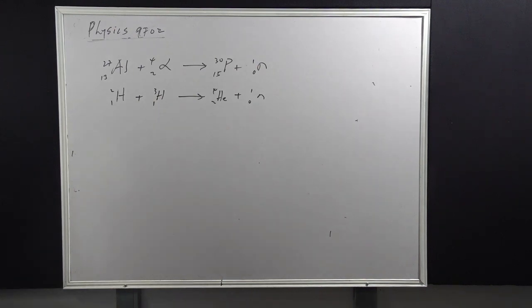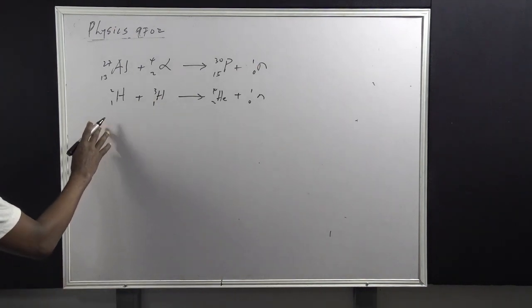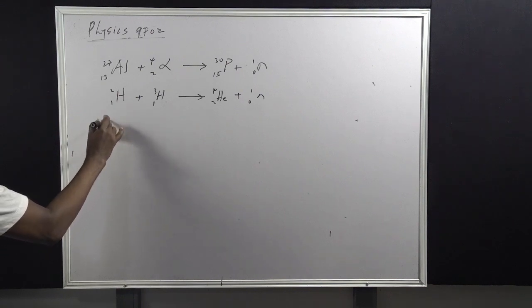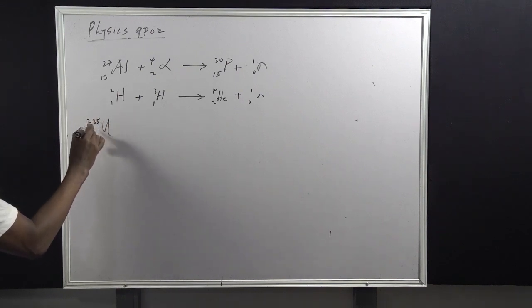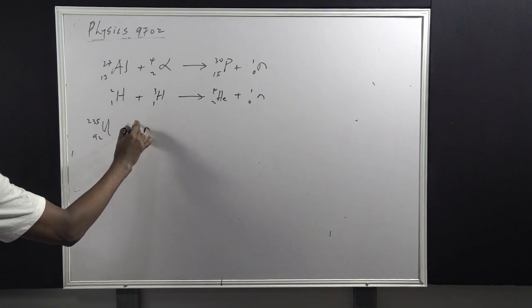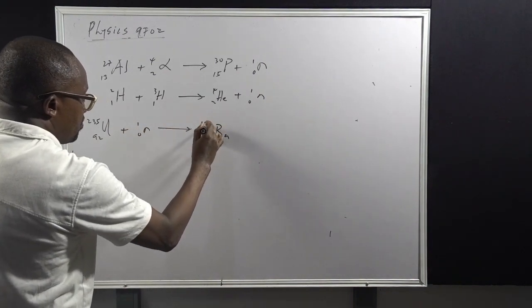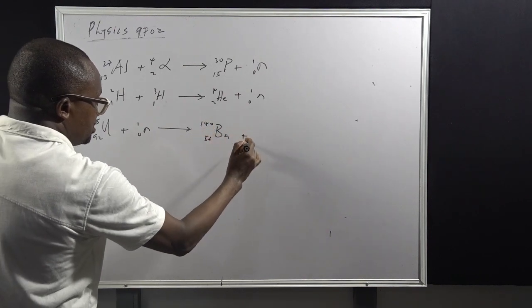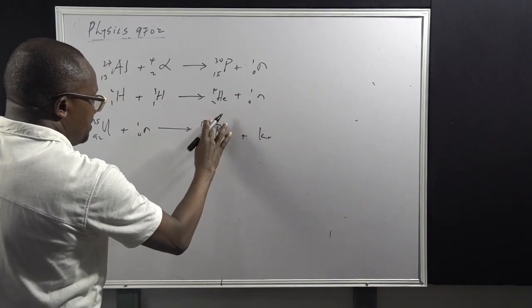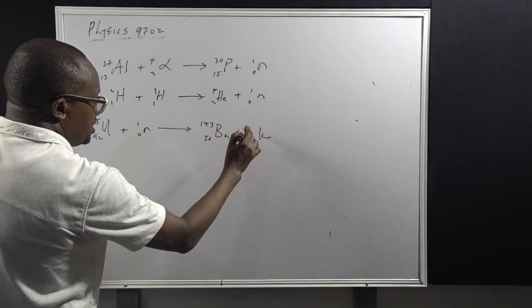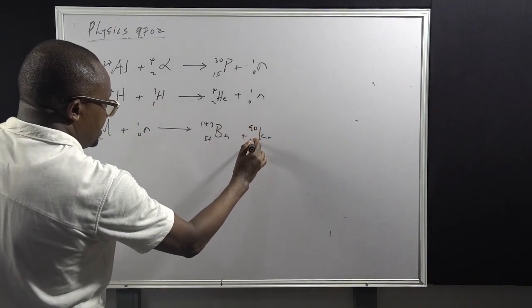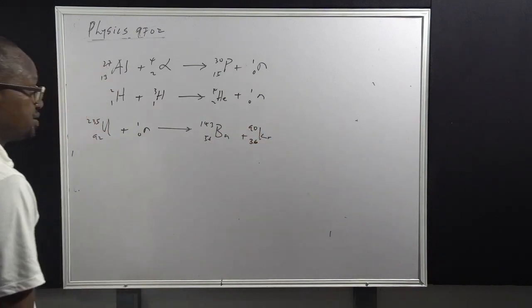If I have uranium 235,92 plus neutron 1,0, this now gives barium 143,56 plus krypton 90,36.